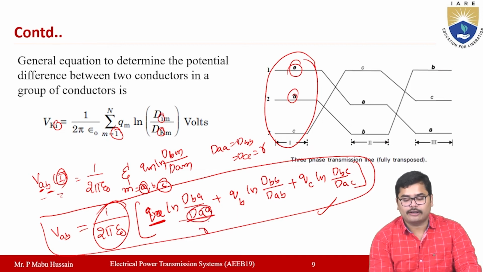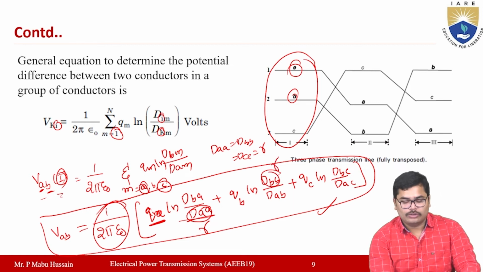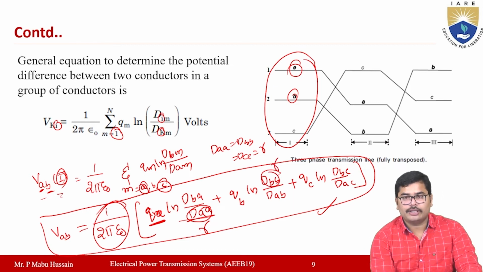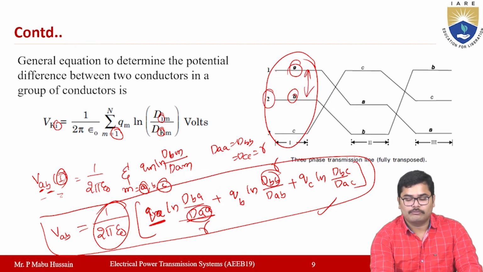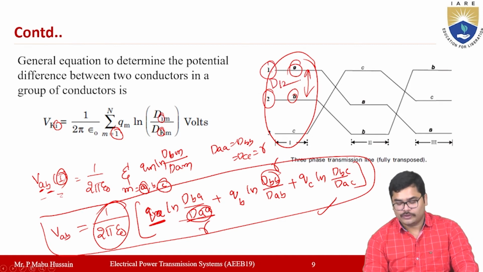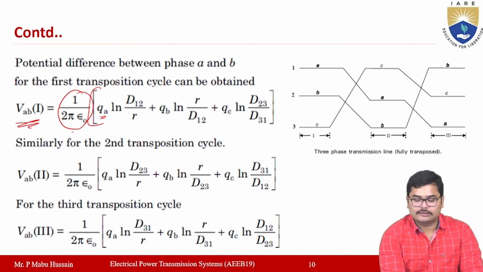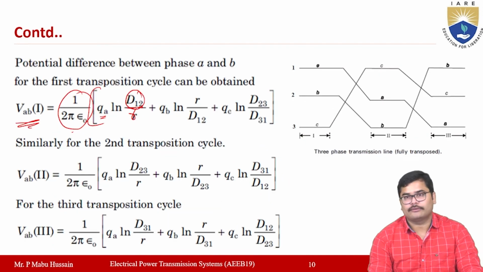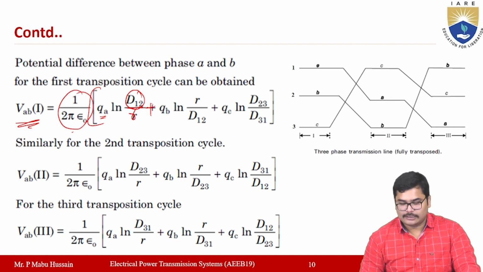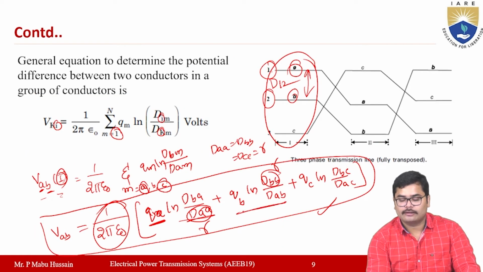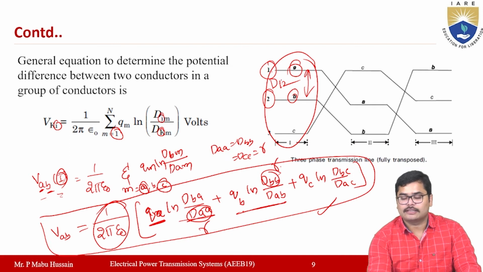So in place of DAA, you can write R. In place of DBB also you can write R. Now what is the distance from B to A? B to A distance is this distance, which is between the positions 1 and 2. So this can be written as D12 or D21. So that we are going to write here. So D12 by R plus, then the second term is QB ln, DBB is replaced with R by DAB. So DAB distance is same as DBA distance, which is again the same D12 only.